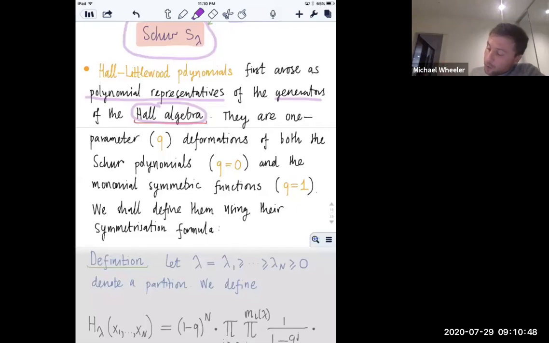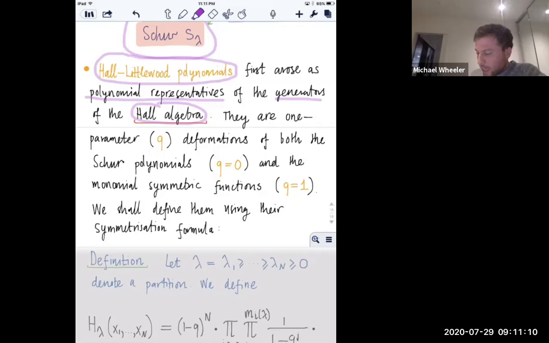You then look at the generators of the Hall algebra, and you ask yourself, can I represent them in terms of objects that live in the ring of symmetric functions? When you do this, you get precisely the Hall-Littlewood polynomials. This is the origin of where they come from.